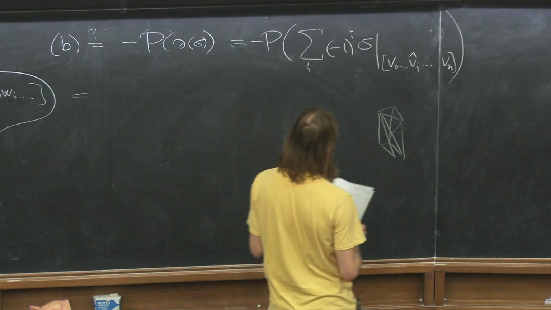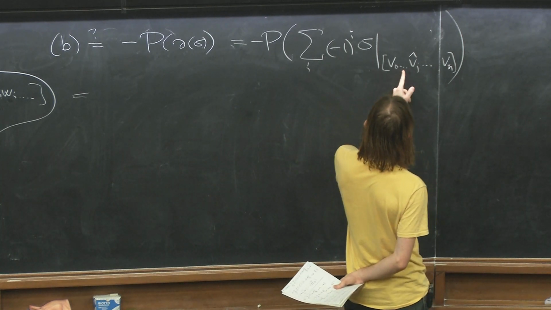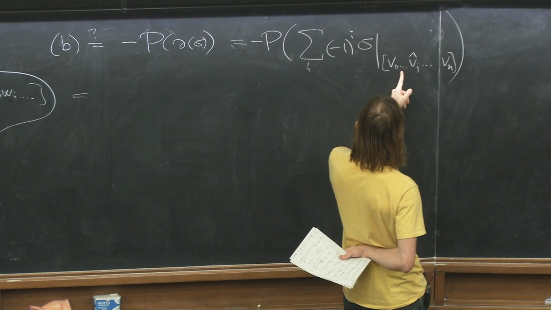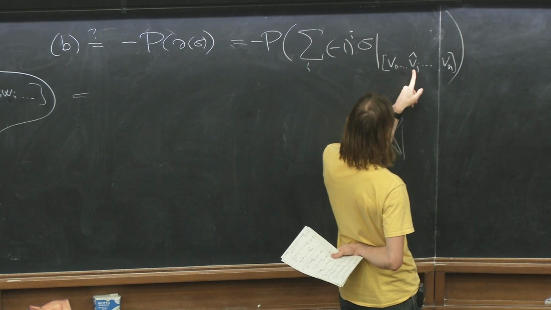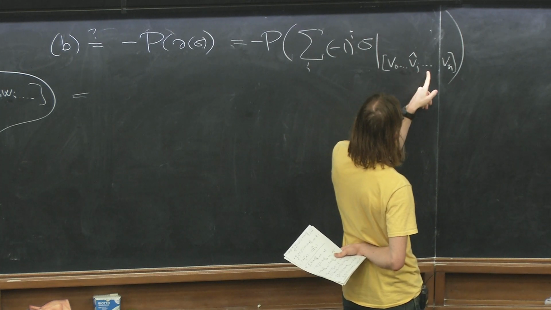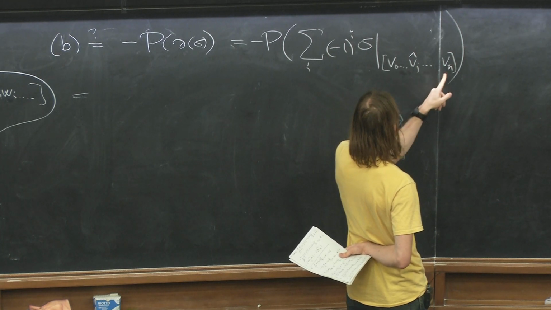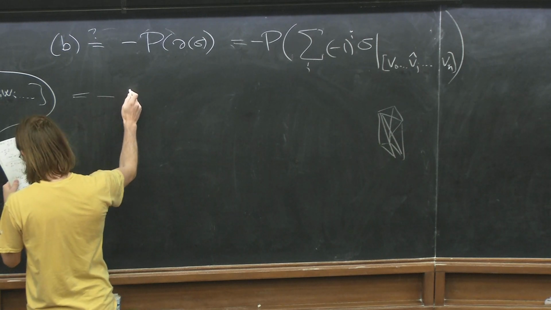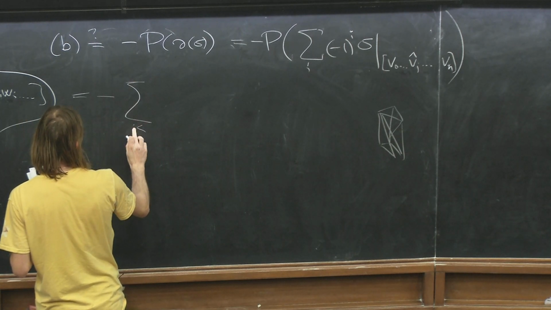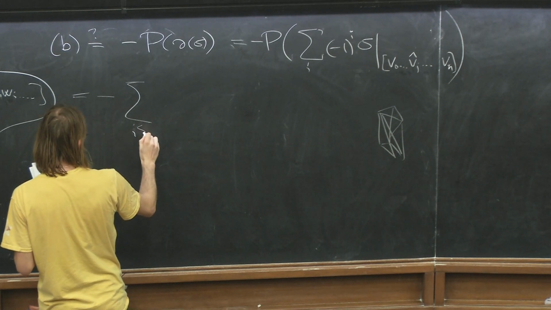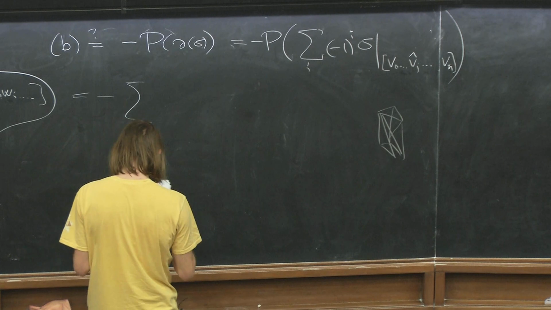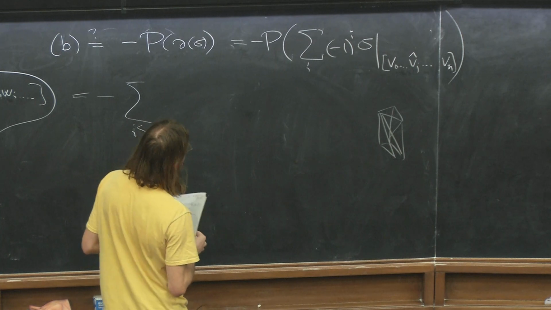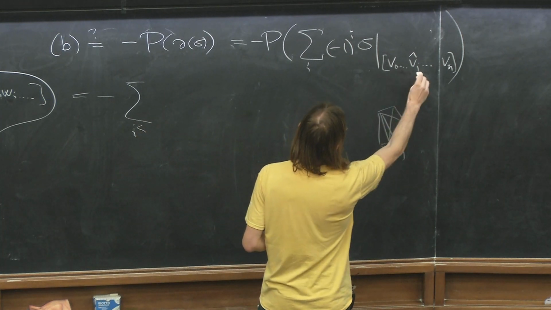And again, it will be useful to consider separately two kinds of terms. One where we do this before this vertex Vj, which we remove, and the other term where we do this after. So first, if this happens before, here I use j.